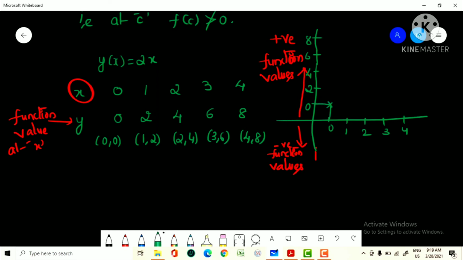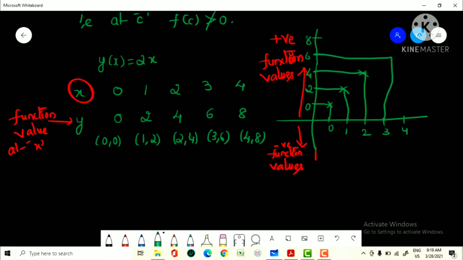At 1, what is your function value? 2. At x value as 2, the function value is 4. Okay, at 3, the function value is 6.